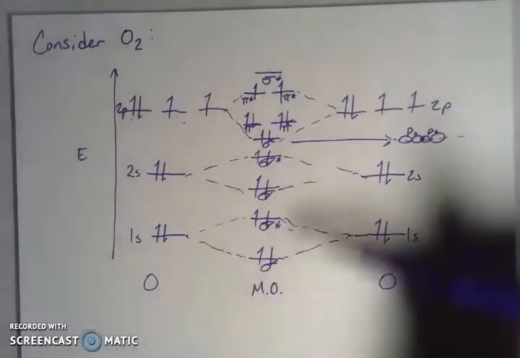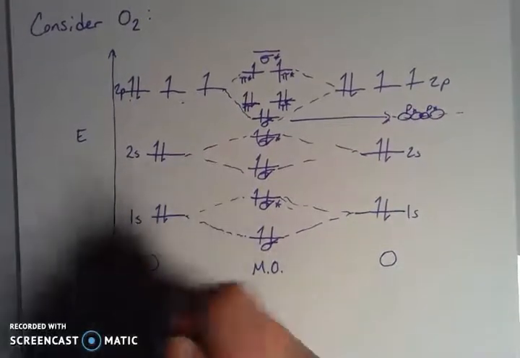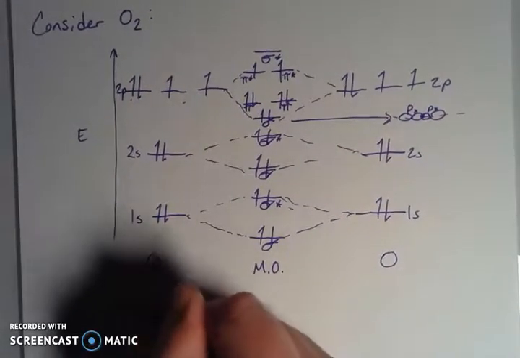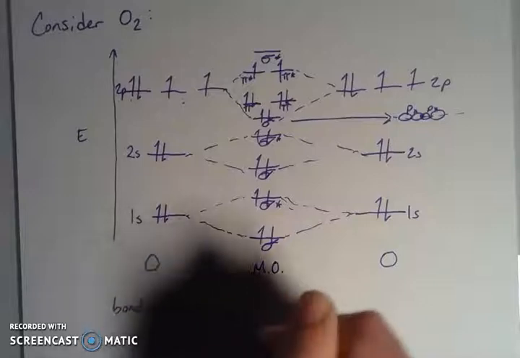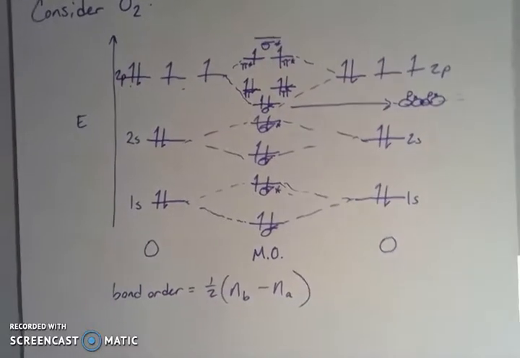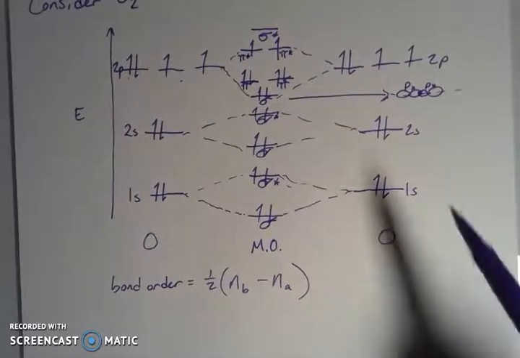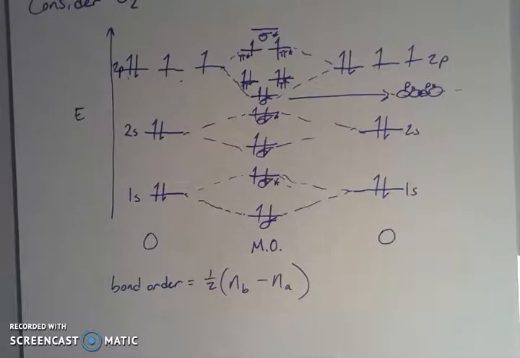So now these are the MOs, and if I wanted to figure out what kind of bond is going to form, then I could calculate the bond order. So bond order is calculated by taking 1/2 the number of electrons in bonding orbitals minus the number of electrons in anti-bonding orbitals. Again, usually you would just use the ones in the valence shell, the outermost shell, so I'd just be focused on the 2's here, but I'll just do them all because it's going to end up being a wash anyway.